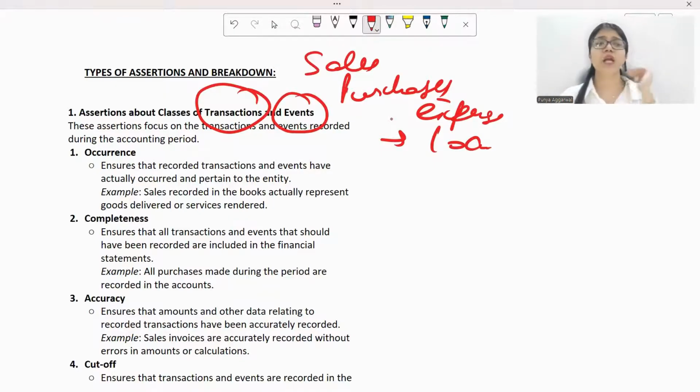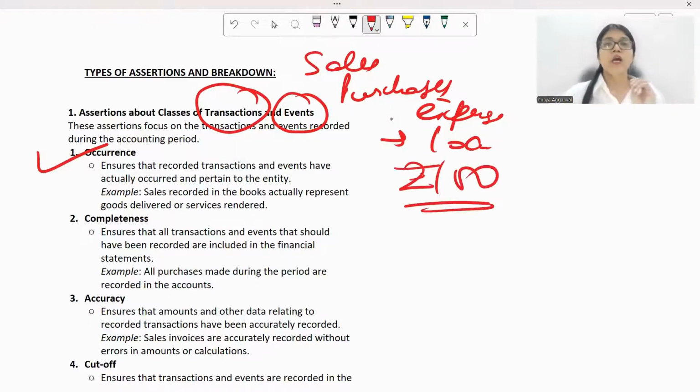Now the first assertion is occurrence. Occurrence का मतलब होता है कुछ चीज हुई है, something has happened. So when you say that the company made a sale to this person for example, 100 rupees, you need to check whether this 100 rupees actually happened or not. ऐसा तो नहीं है कि फिक्टिशियस है, they have said that 100 rupees of sales happened, but actually it did not happen.